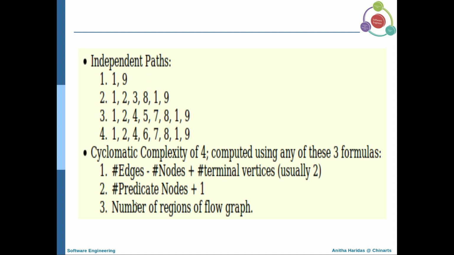Then we have also seen that number of predicate nodes plus 1 can be used for the formula. In the same way, the number of regions in the flow graph can also be used to find the number of independent paths. If you have 4 regions in the flow graph, then 4 different independent paths will be there for the given program.